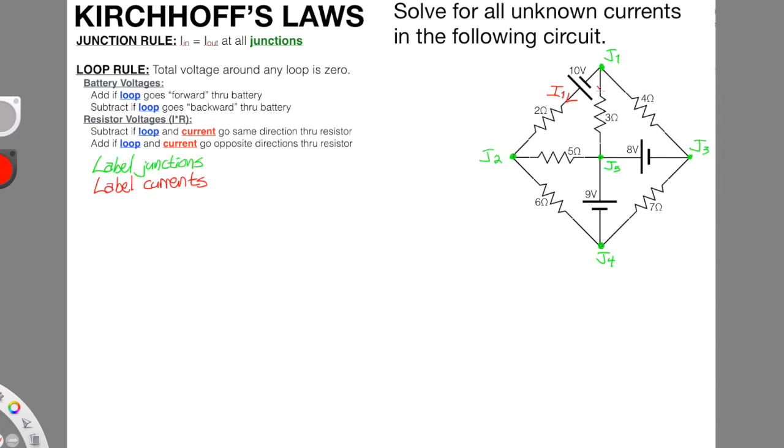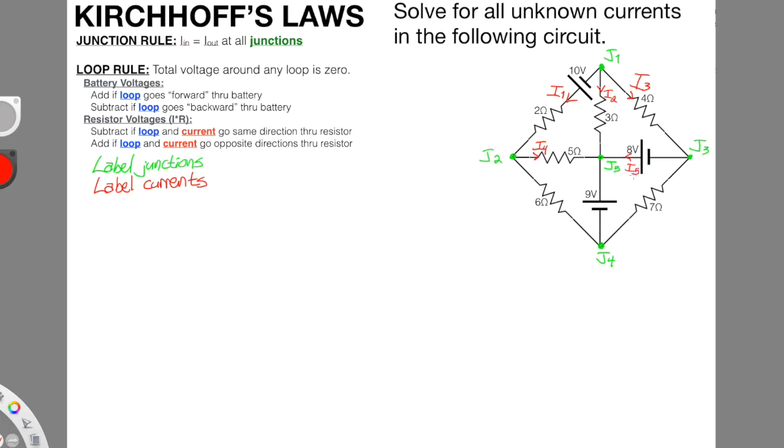In this next section over, I'm going to label current I2. Over here, I'm going to label current I3. And notice I have all 3 of these currents coming away from junction 1. That's not physically possible, but it doesn't matter because Kirchhoff's law is a mathematical solution, and our math will fix that for us later.